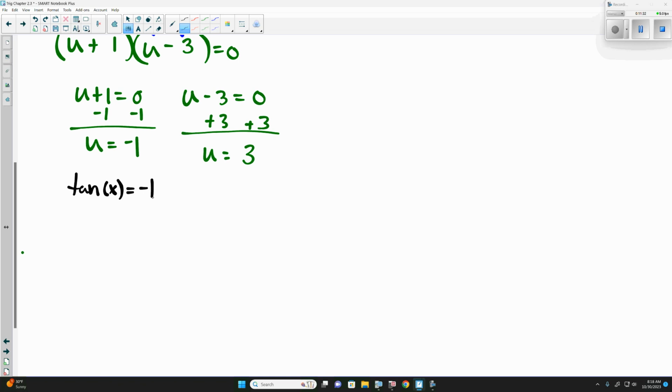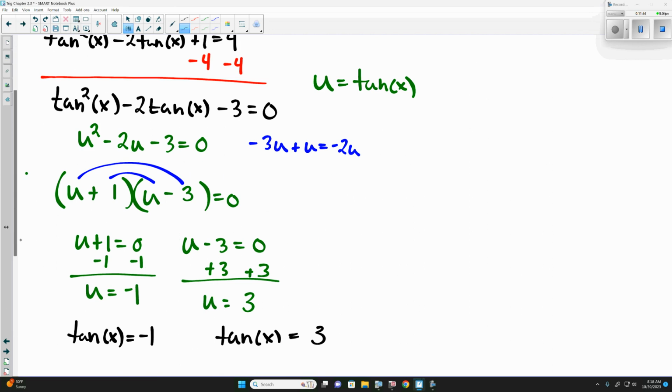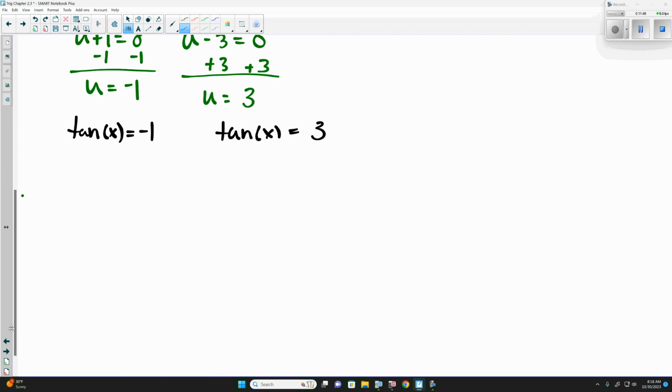I knew something was off in my head. And the same thing is true here. Tangent of x equals 3. Now, it didn't give us a restriction from 0 to 2 pi, but we need to find these here. And luckily, for the first one, tangent of x equals -1 is on the unit circle. It's dealing with our pi's over 4.